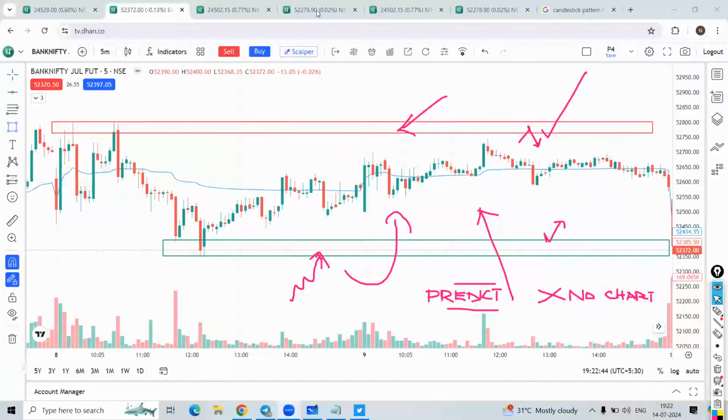Once you have chart confirmation, a clue from the chart about direction, obviously confidence level will be high. And when you predict with no chart confirmation, no clarity of direction, just taking the trade, confidence will not be there. Here, fear will be there.